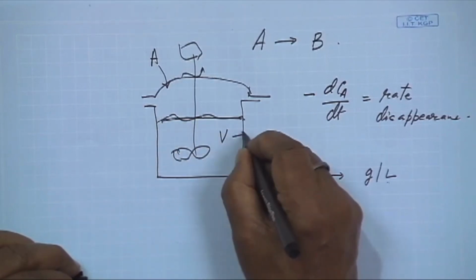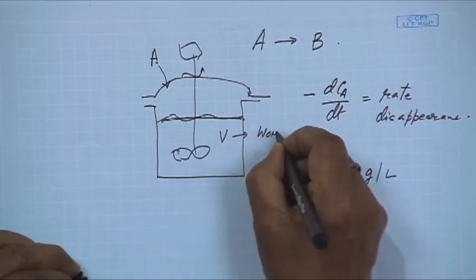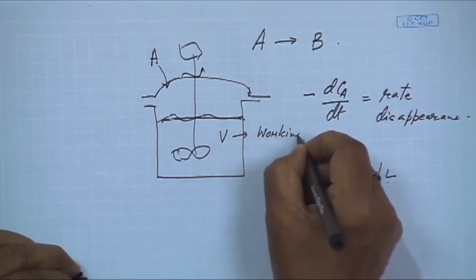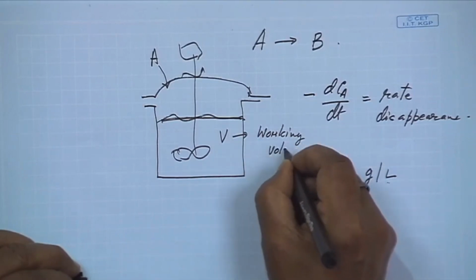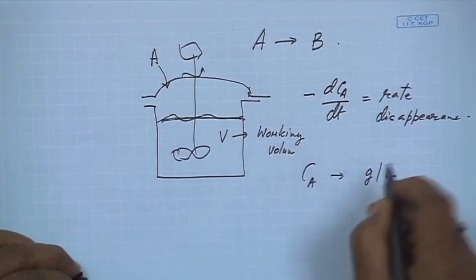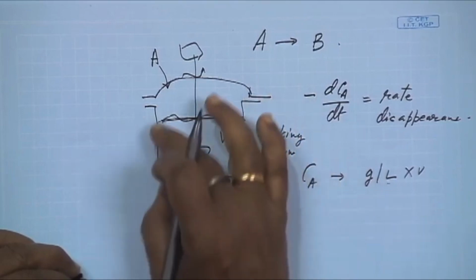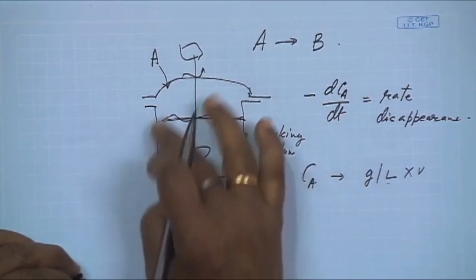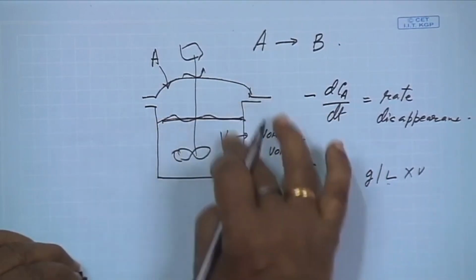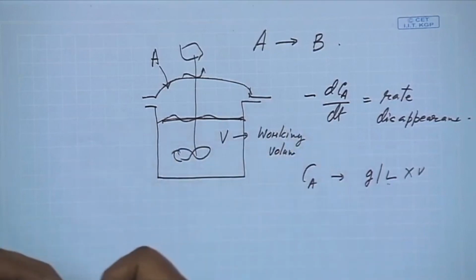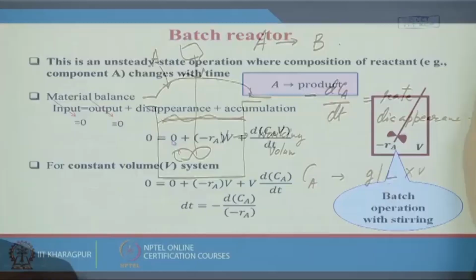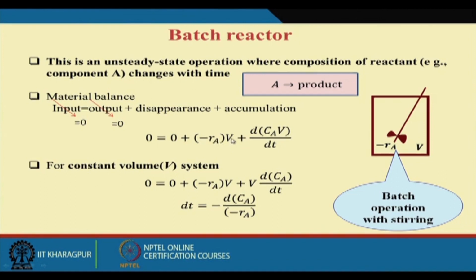V is called the working volume. So naturally this is to be multiplied by V, so that in the calculation you can account for all the changes in this volume. That is why minus RA is multiplied by V.